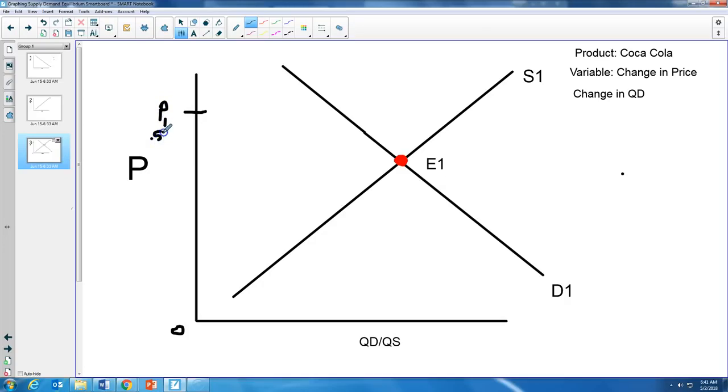And so if I took my dotted line like we did before, and we ended up here on the demand curve, and then you go straight down.